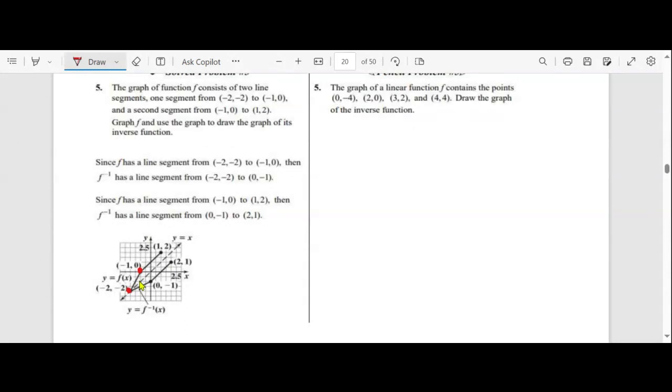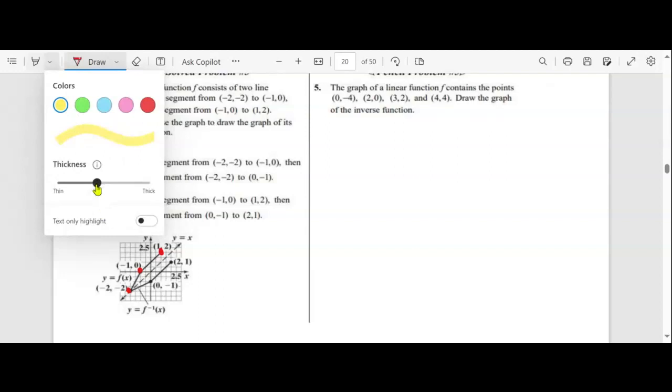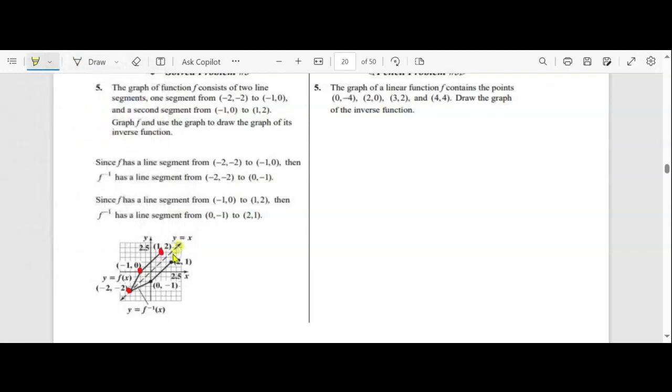Do we have another point? And 1 and 2, right? So you make a diagonal line. What is the diagonal line? Where is the diagonal line? This is the diagonal line. Do you see it? Yes, in the middle. That's called a diagonal line.